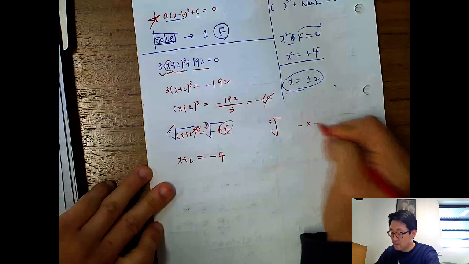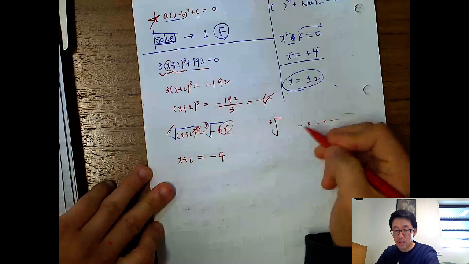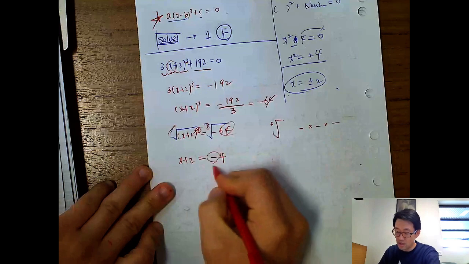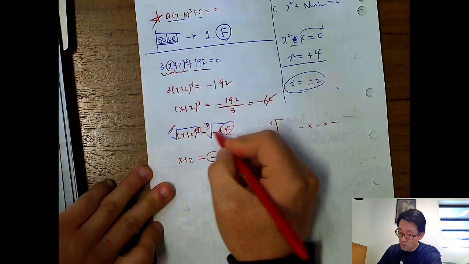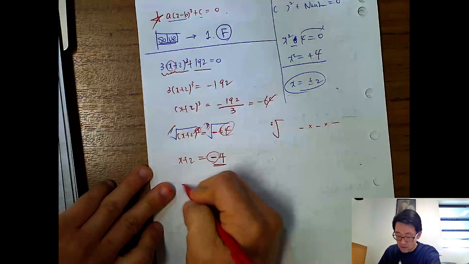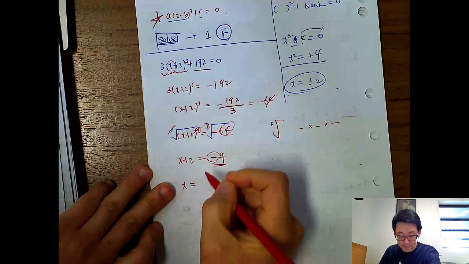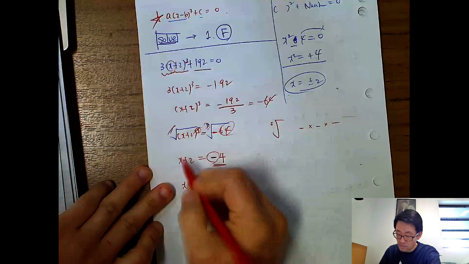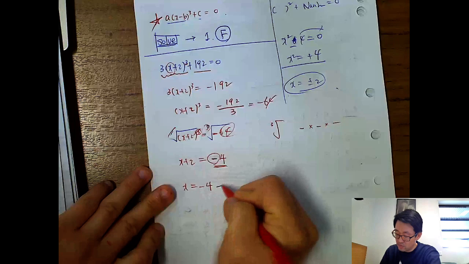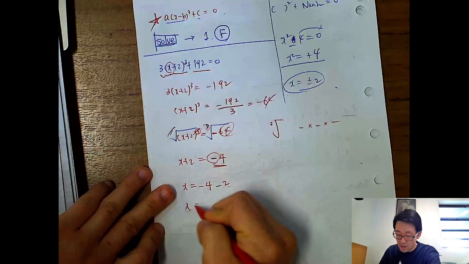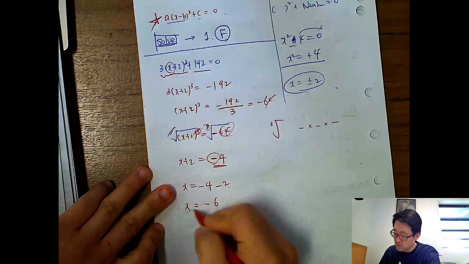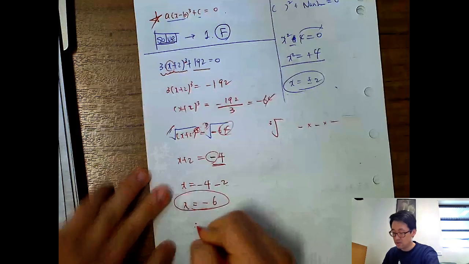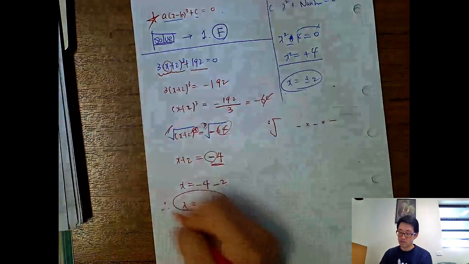So minus times minus times minus will give me negative. So negative 4. Always follow that sign. x equals minus 4 minus 2. Good. x equals minus 6. Therefore, x equals minus 6.